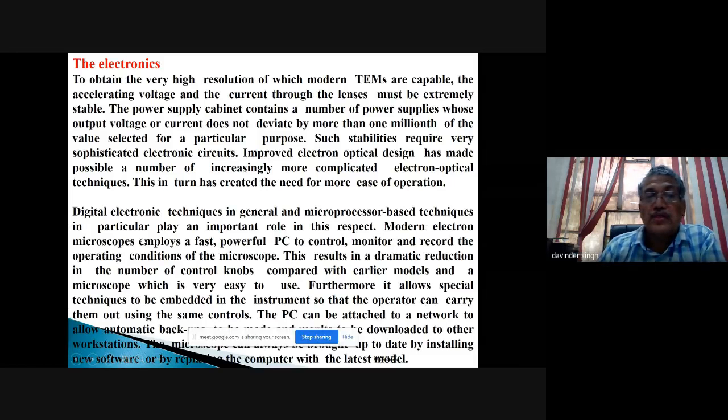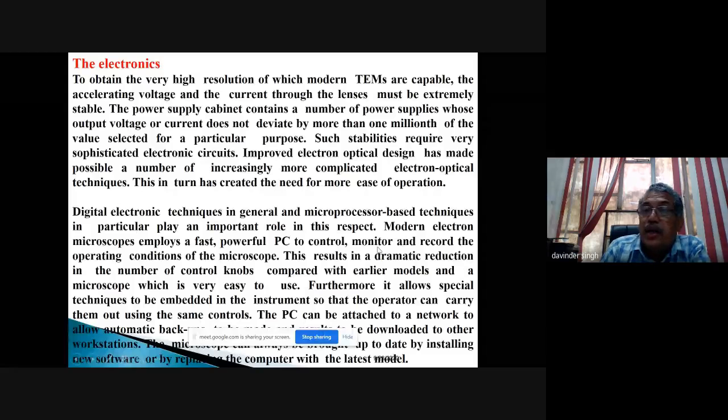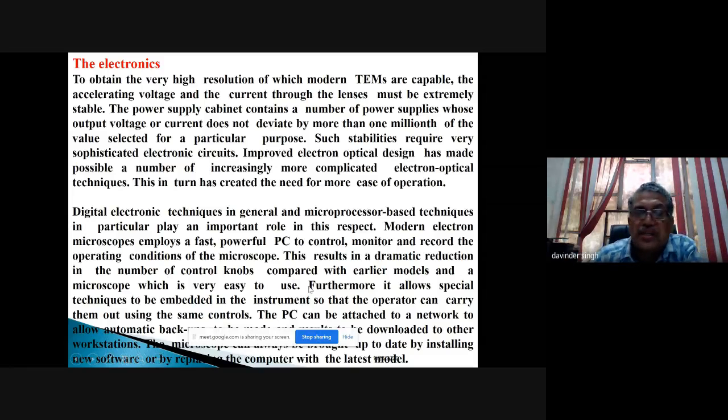A modern electron microscope employs a fast, powerful PC to control, monitor, and record the operating conditions of the microscope. Everything is controlled. This results in a dramatic reduction in the number of control knobs compared with earlier models. So now with the software, you can control everything and you are getting the image very easily.